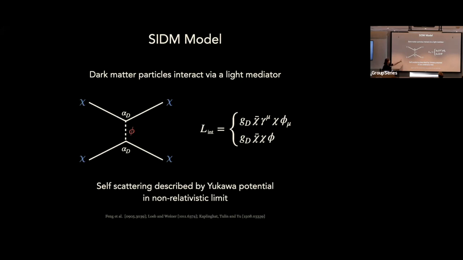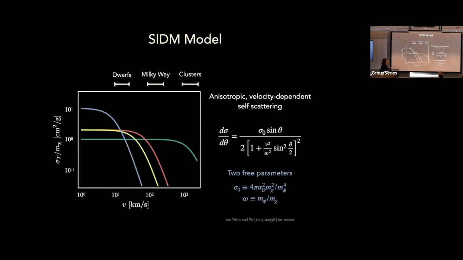The key prediction of this is that the interaction cross-section for the dark matter is going to be velocity dependent. So I've written it out here in full. The cross-section for scattering has this velocity that shows up in the denominator there.